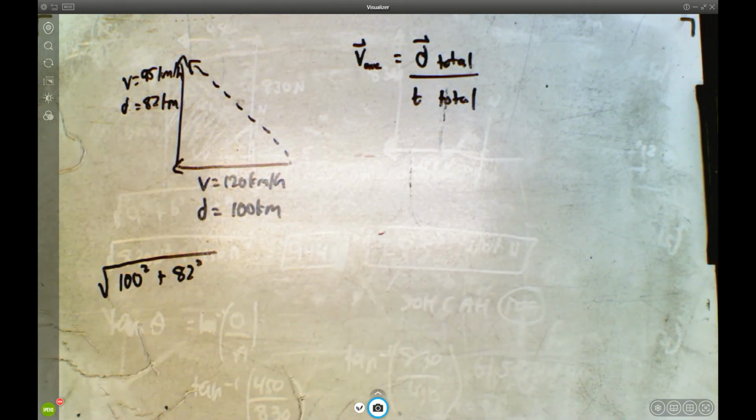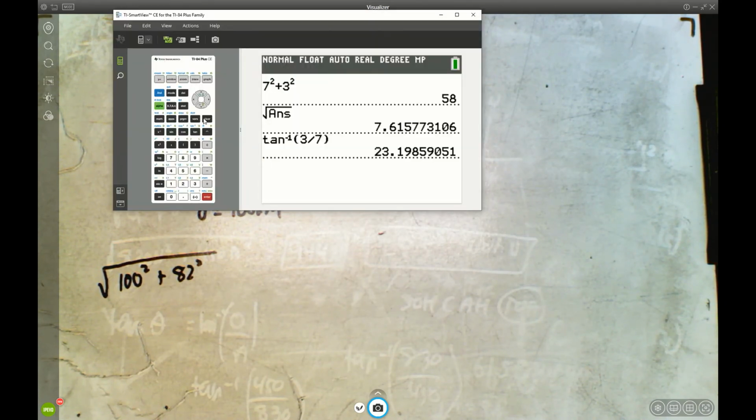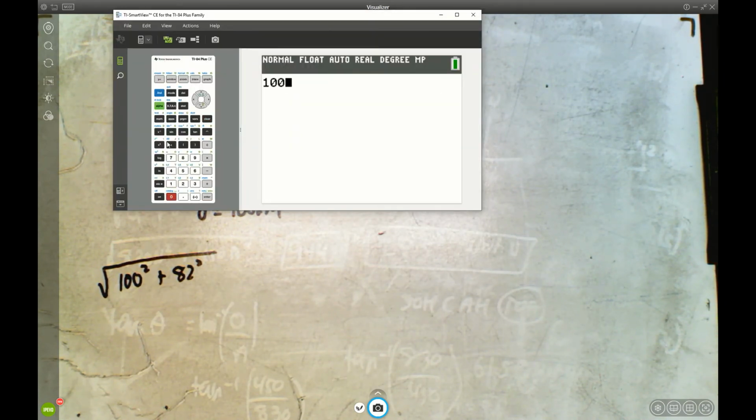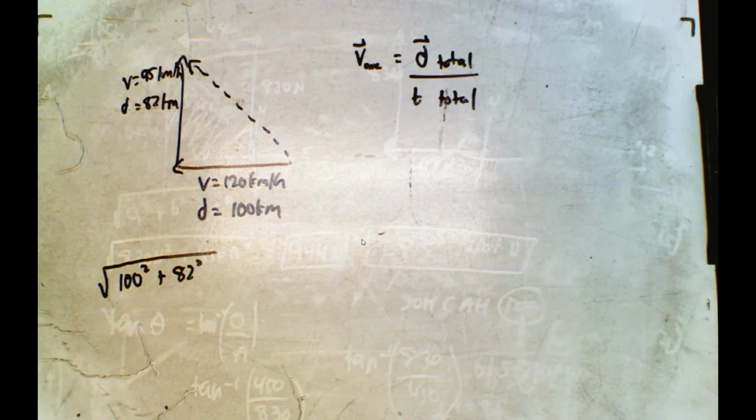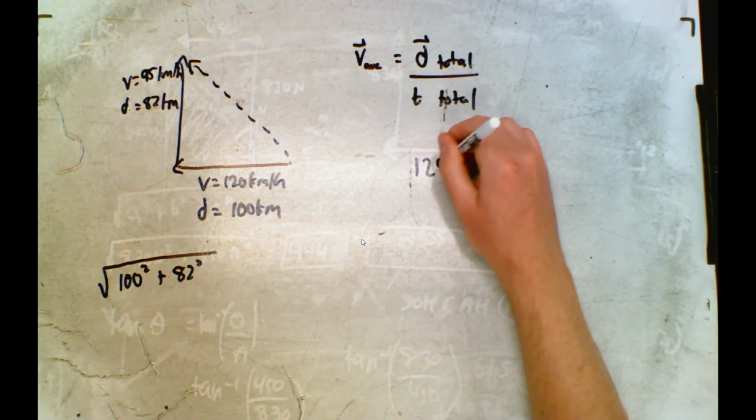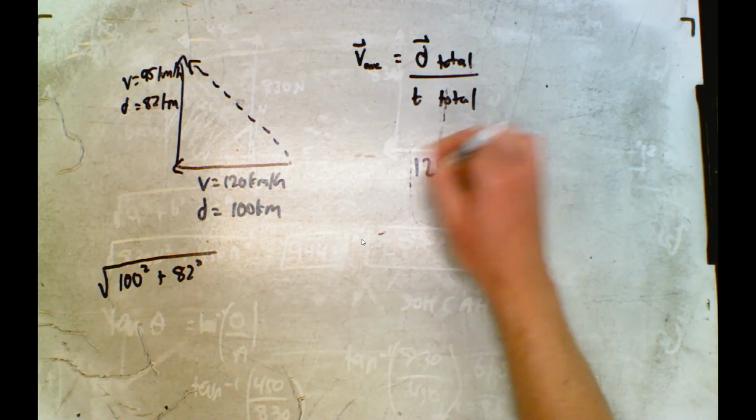So let's do that first. 100 squared plus 82 squared, square root our answer, and we get 129.32. So our total displacement is 129.32 kilometers.